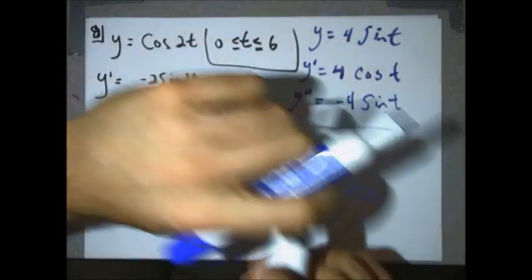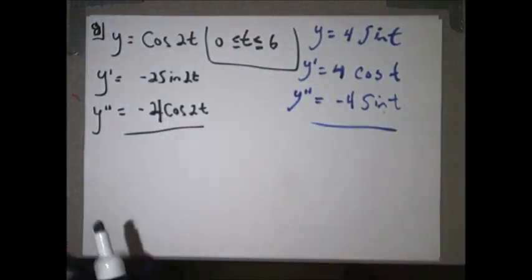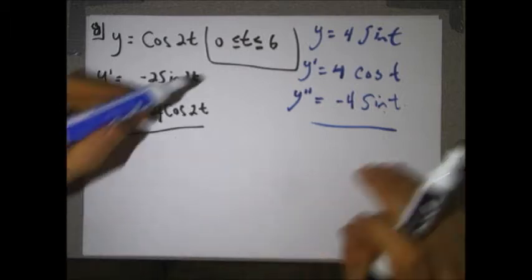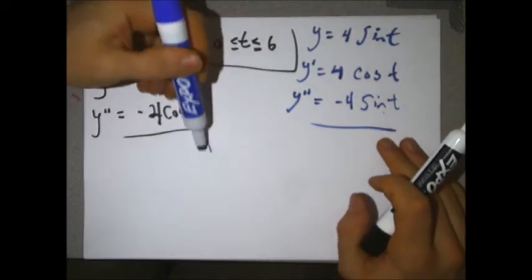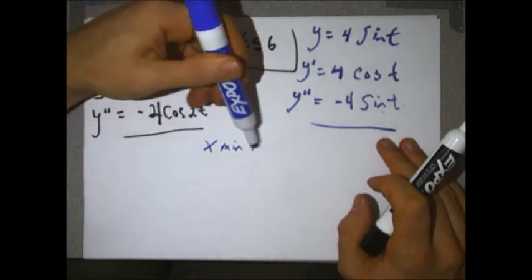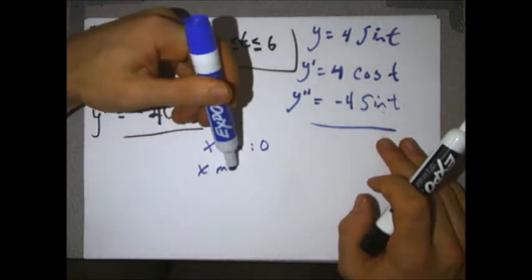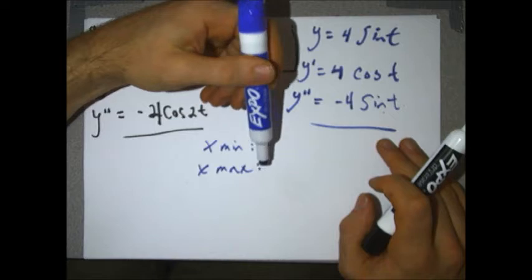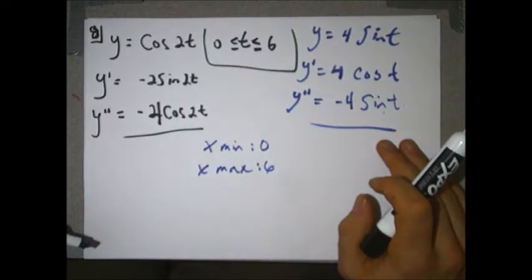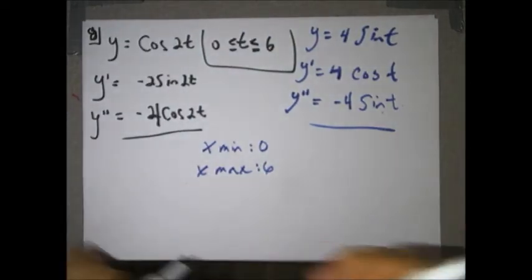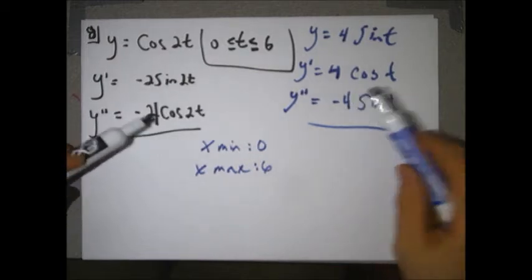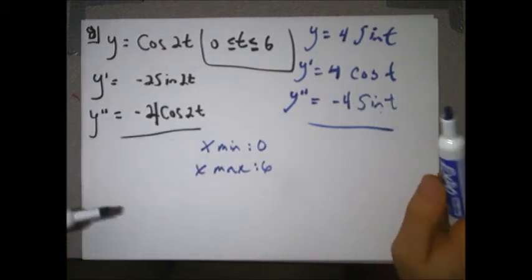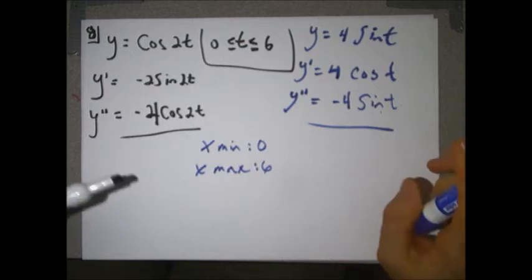So we have 1, we have 2, and now you want to graph both of these from 0 to 6. So your x min should be 0 and your x max should be 6. For the y values, the standard is fine. You see you have an amplitude of 4, so I would at least make my y max 5 or maybe a little more.